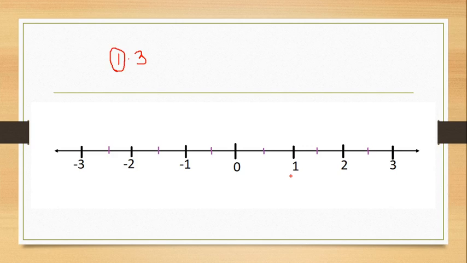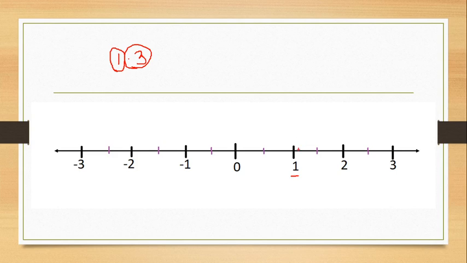So 1 is present here. 0.3 means 3 small parts after 1. Always remember, between two natural numbers or two integers there are 10 small parts.